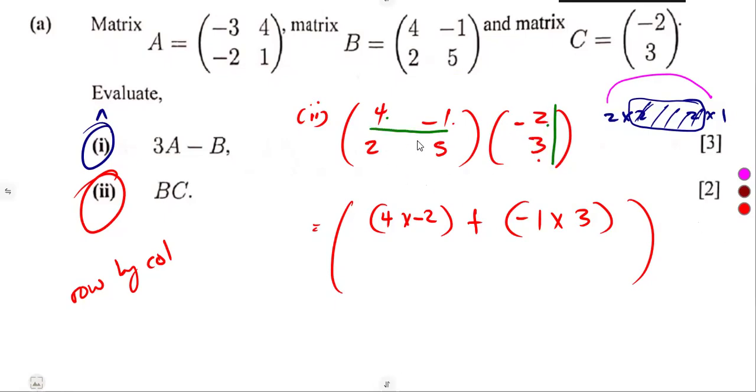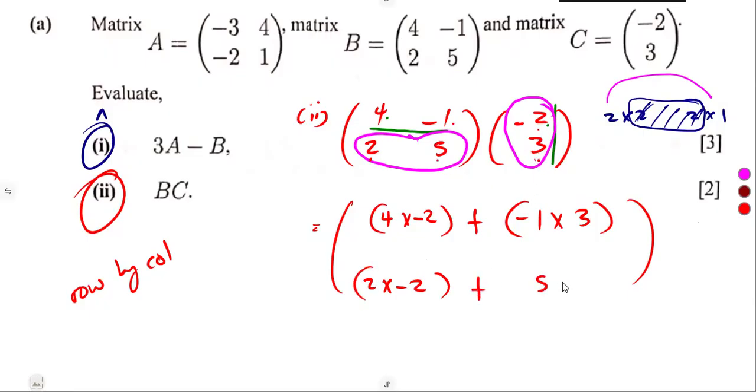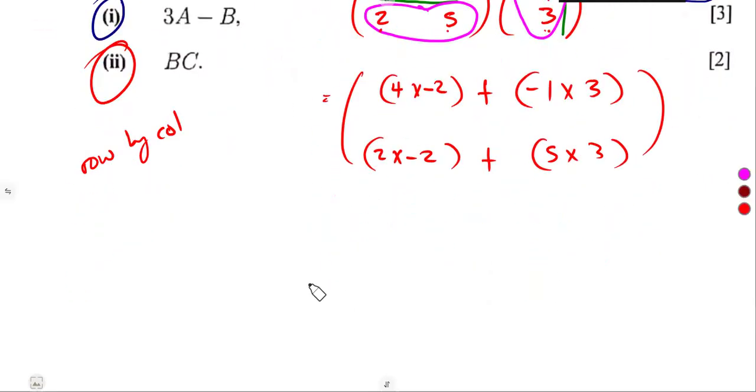Then we move on to the last row. But as you can see, guys, we still have this column. So that's 2 and minus 2. You multiply those, plus 5 and 3. Just like that. So you're going to combine these, and that was going to be negative 8 plus negative 1 times 3.